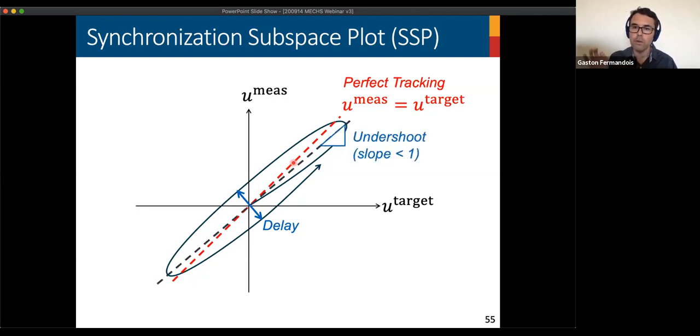And the principal component of this ellipse has a slope that is associated to undershoot. If the slope is less than 1, we have undershoot, or if it's greater than 1, we have overshoot, which is something that is also quite nasty and we want to avoid.